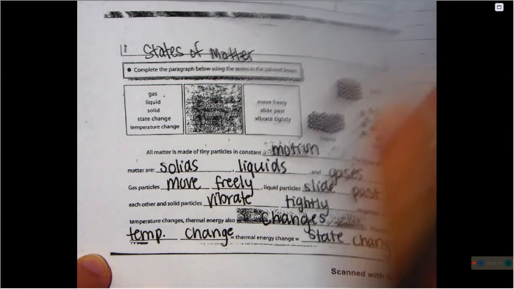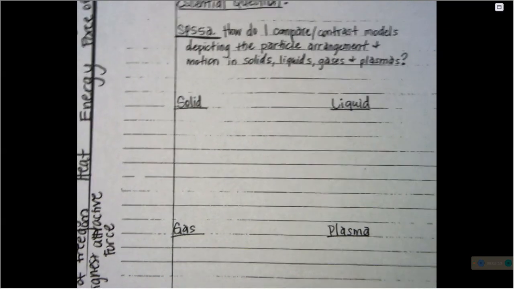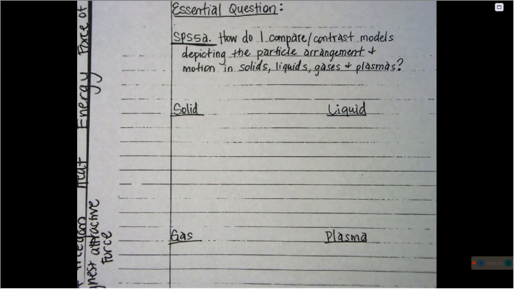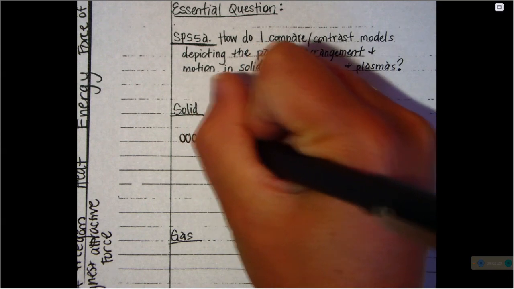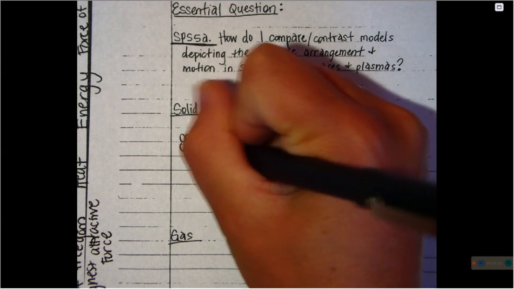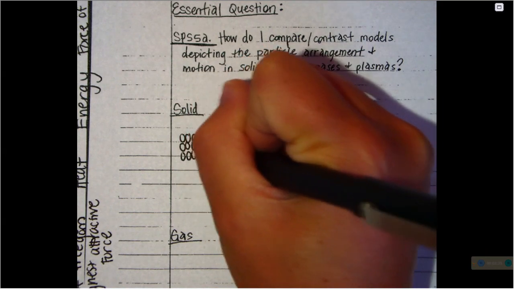Okay, the next thing we're going to look at is the particle arrangement in solids, liquids, gases, and plasmas. So right here it says, how do I compare and contrast models depicting particle arrangement in solids, liquids, and gases, and also plasma? So we know in a solid, particles are going to be very close together. They're going to be touching each other, but remember, they never stop moving completely.